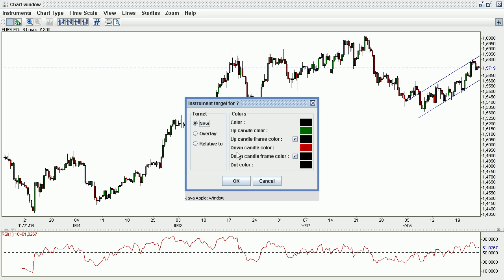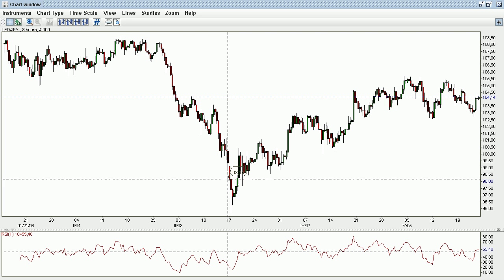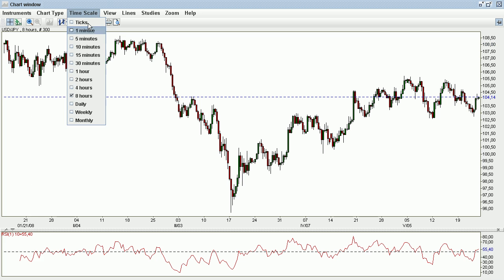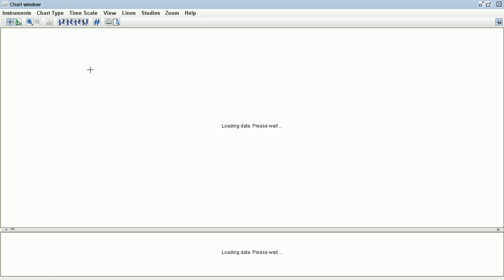When we go to the US dollar Japanese yen currency pair, what we saw today is when we go to the 1 hour time frame.